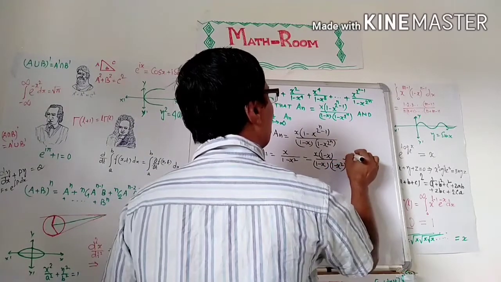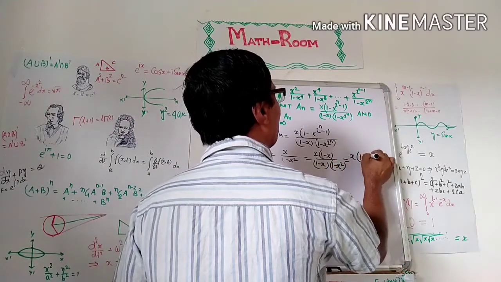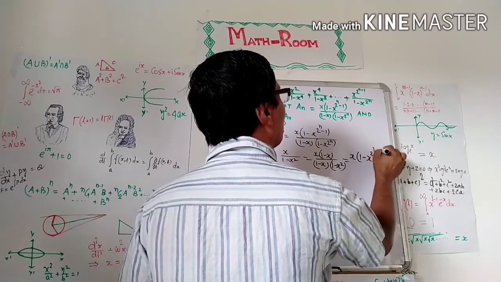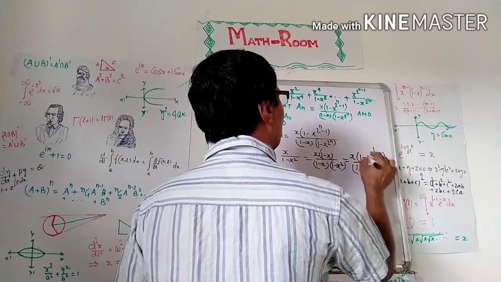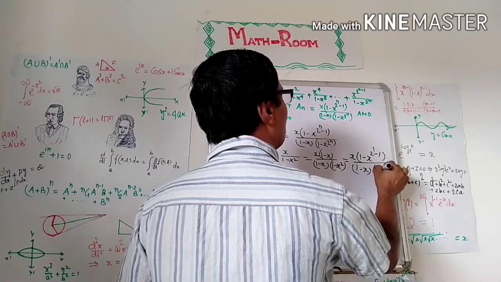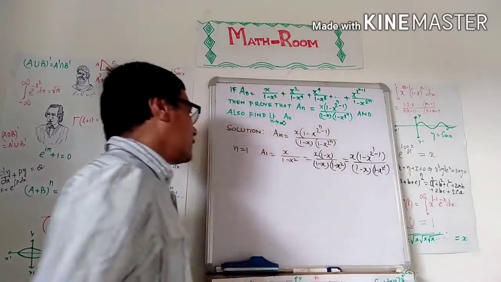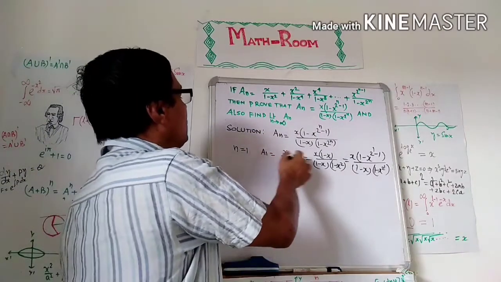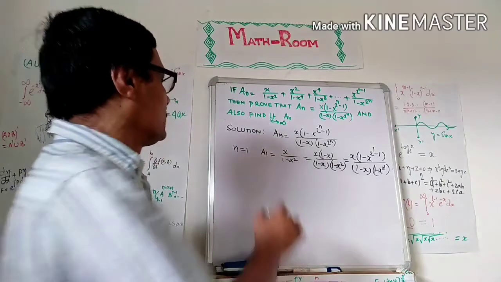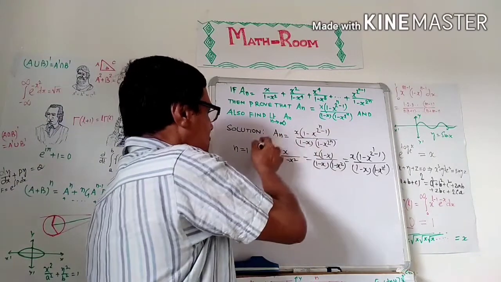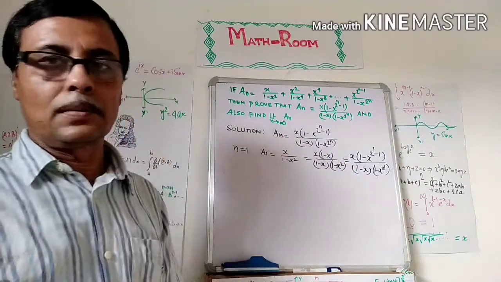That is x into 1 minus x to the power 1 minus 1 over 1 minus x into 1 minus x to the power 1. So we can see that this is true for n equal to 1.